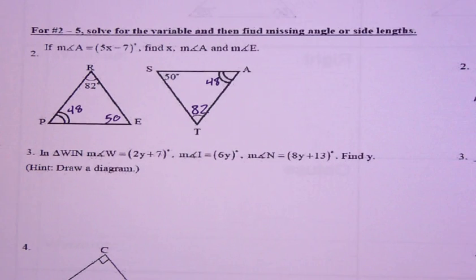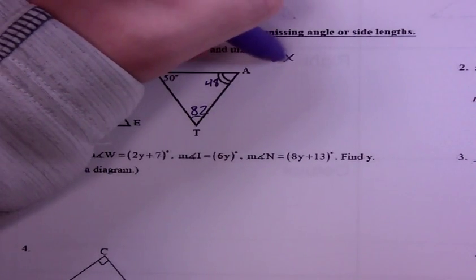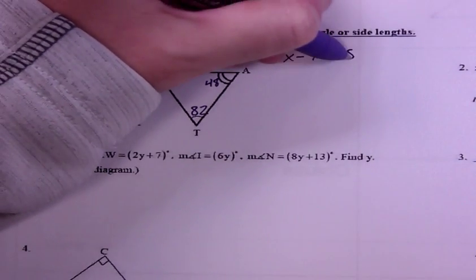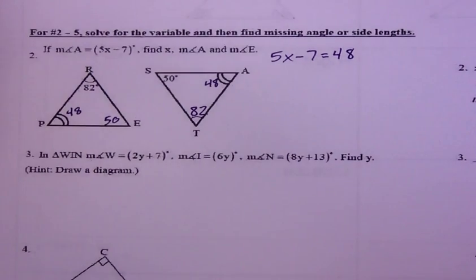Okay, so there's a couple different ways you can approach this problem. It's asking for the measure of angle A. We already know that it's 48 degrees, so you can do this, 5x minus 7 equals 48. Or if you don't know how to figure out that that angle is 48, you can set it up where you add the other 2 angles.